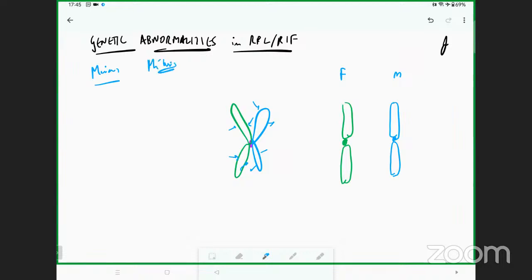But where does the problem come? Let's assume both of these are autosomes which were to form chromosome number 1. The problem happens when instead of 1, it gets attached to 21.